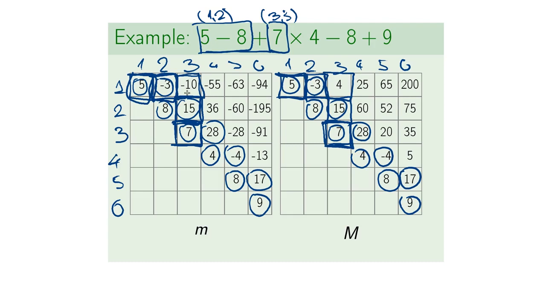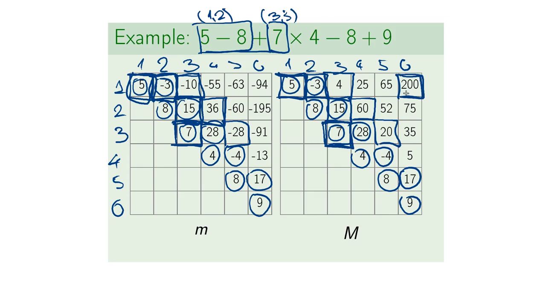So we proceed filling in this table in a similar fashion. We then put 36 in this cell, then minus 28 in this cell, and in parallel we put 60 here, 20 here, and so on. So in the end we see the value 200 here, and this is the maximum value of our initial expression.